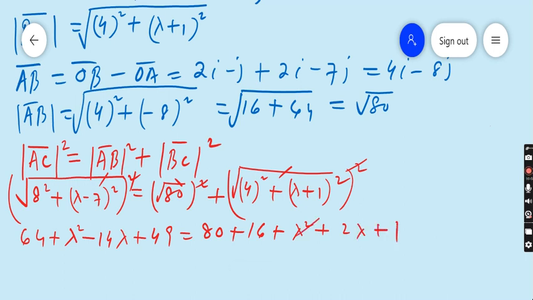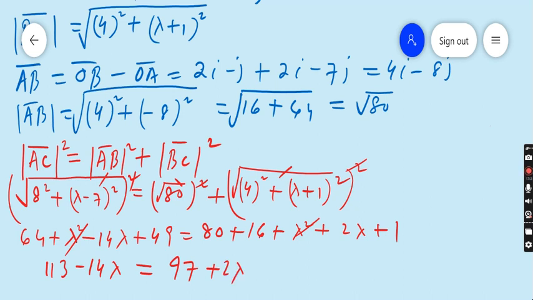Now see carefully, this lambda square cancels by this lambda square. 64 plus 49 is 113. 113 minus 14 lambda is equal to 80, 16 and 1. It is 97.